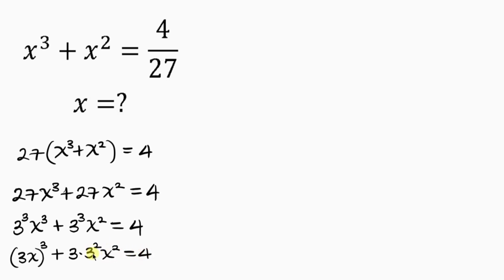Now notice that these 3 and x are having the same powers, so we can go ahead and group them just like this. So this becomes 3x to the power of 3 plus 3, then 3x to the power of 2. So I've actually grouped this equal to 4. Now I have 3x here, I also have 3x.